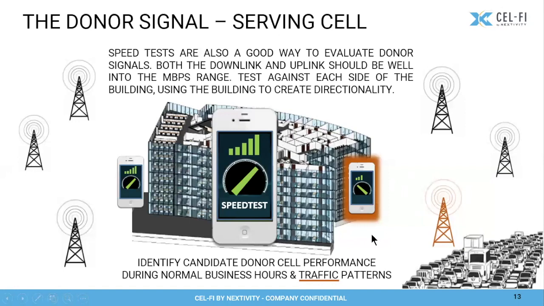The nice thing about the speed test is that it doesn't just give you the speeds up and down, but it shows you how well the uplink is behaving and how well the downlink is behaving. If both of those aren't in the megabit range, then you could end up with some problems.